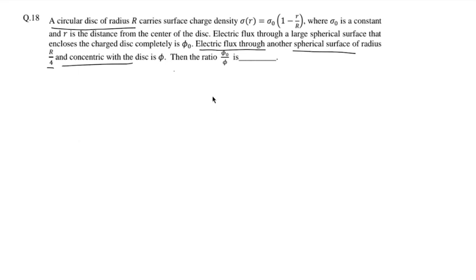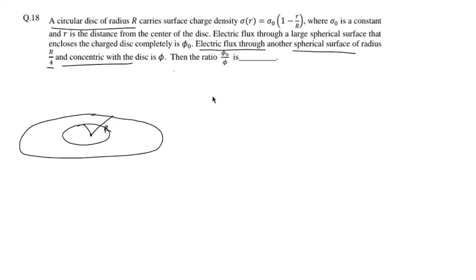So if I draw the disk a bit better this time, something like this, and it has a radius R, and you have a Gaussian surface, which is a sphere, and that sphere has a radius of R by 4, so above and below it, and another Gaussian surface which is quite large enough that it fits the disk completely.